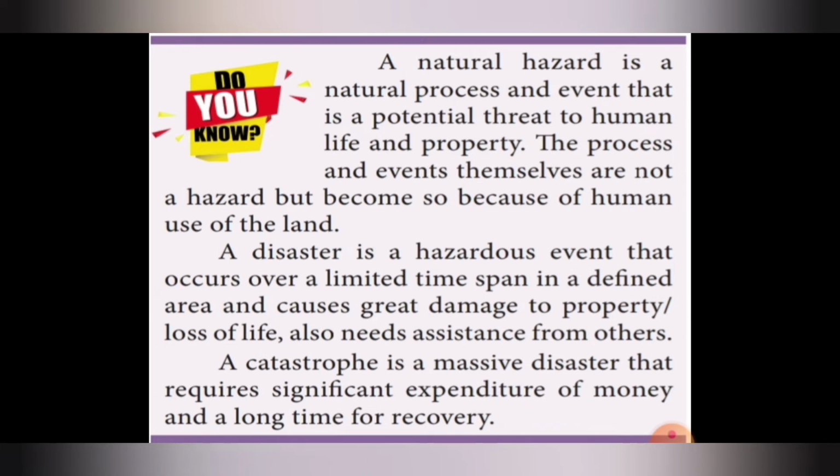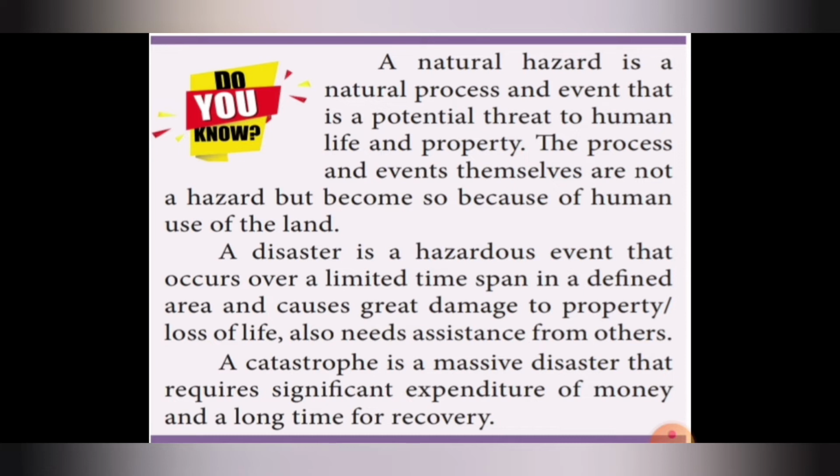Next, page number 123. A natural hazard is a natural process or event that is a potential threat to human life and property. So a natural hazard comes from nature.